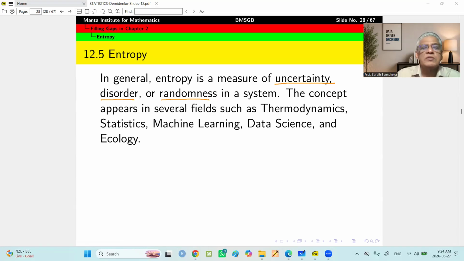The concept appears in several fields such as thermodynamics, statistics, machine learning, data analysis, data sciences, and ecology.